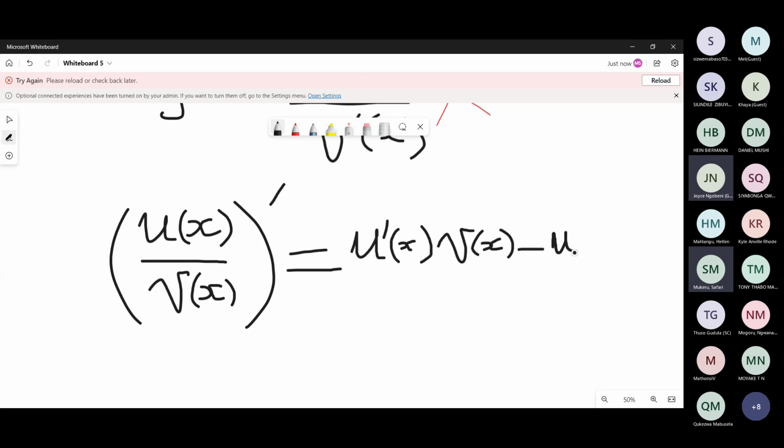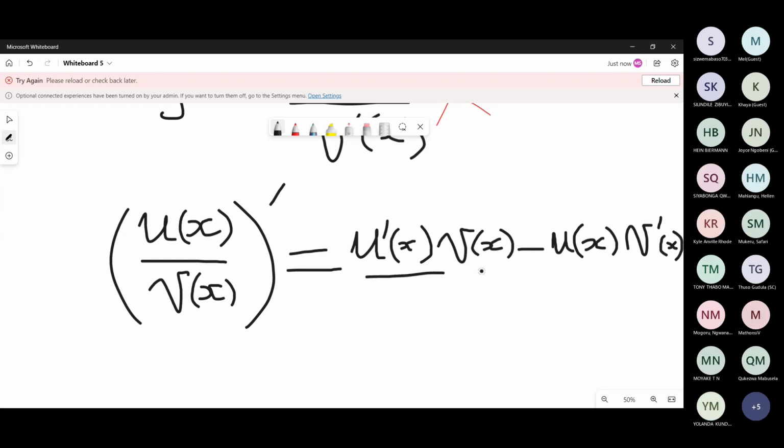Let me keep the same order: u of x times v prime of x. And we divide by v of x squared.